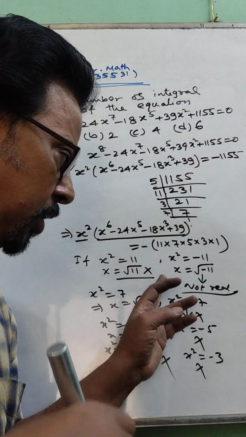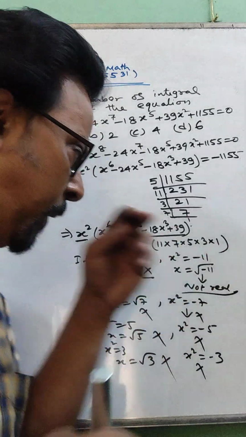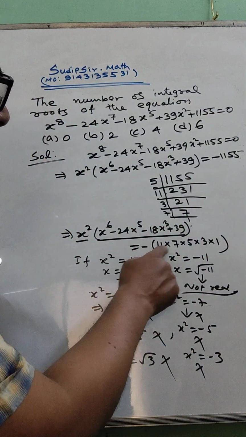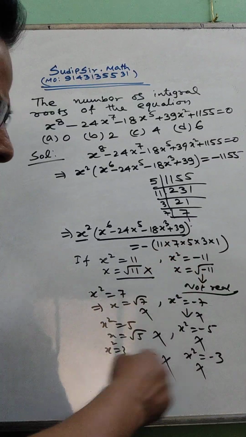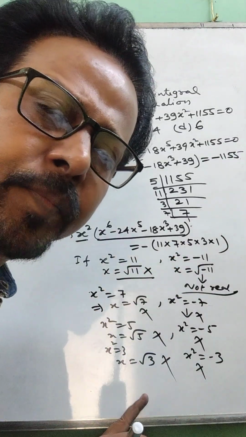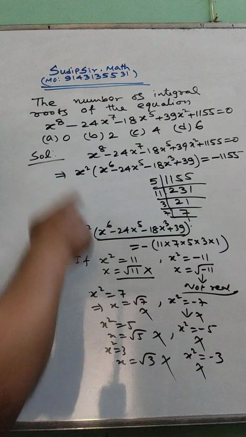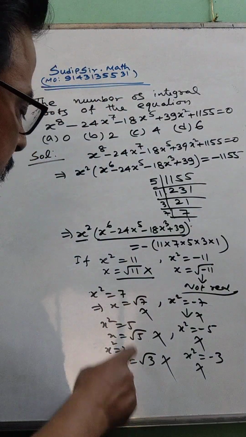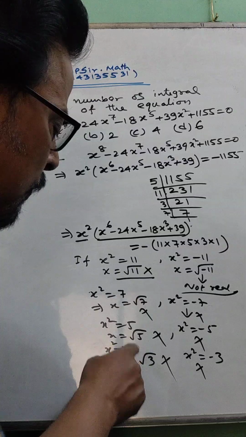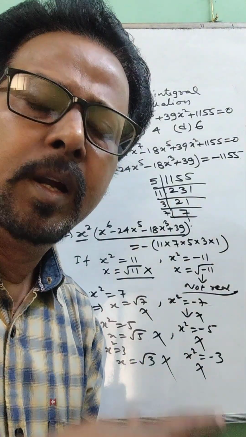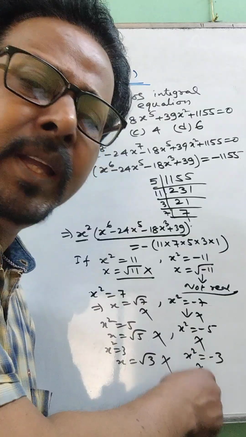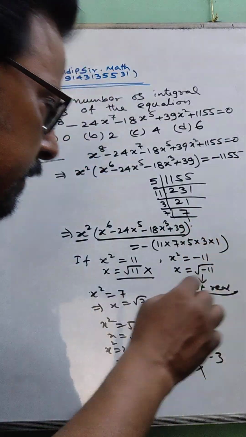Only the thing we can get is from 1. So from the values 11, 7, 5 or 3, we are not getting any integral solution because x is required to be an integer. Root 7, root 5, root 3 are not integers, and the negative ones are imaginary.